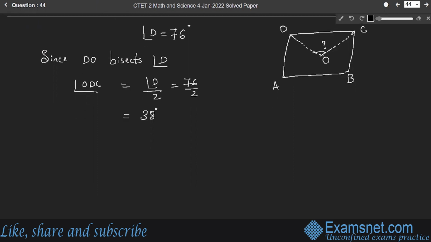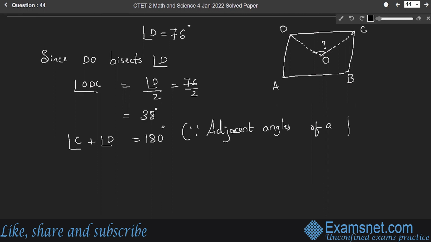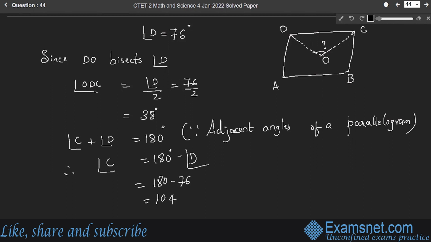And angle C plus angle D is equal to 180 degrees, because adjacent angles of a parallelogram are supplementary. Therefore, the whole angle C is equal to 180 degrees minus angle D, which is 180 minus 76, 104 degrees.